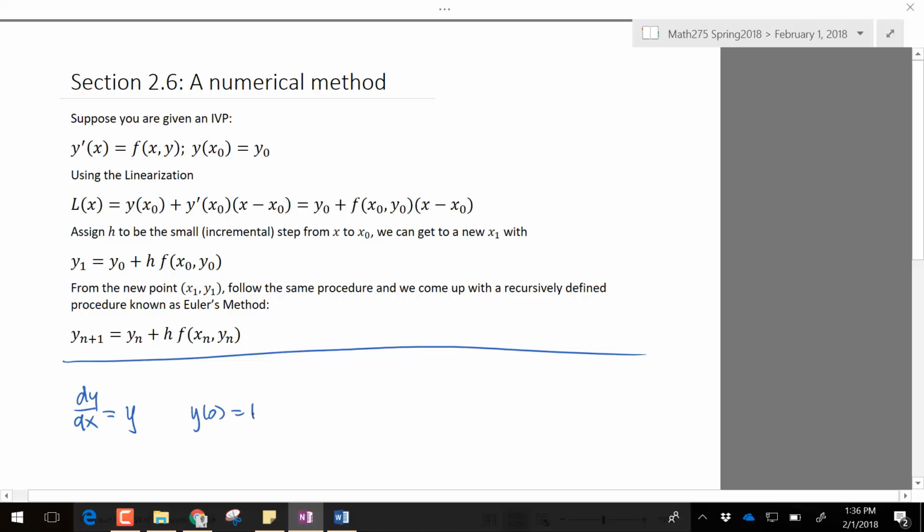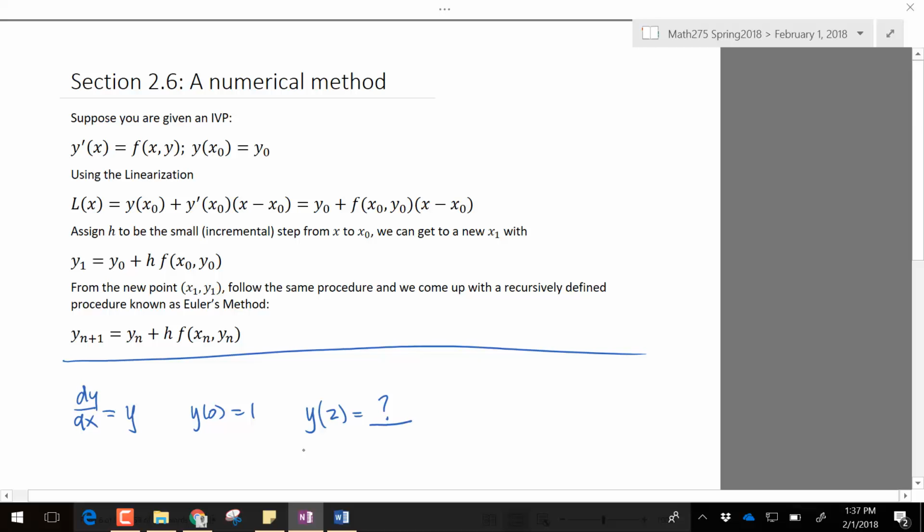Y of 0 is equal to 1. And then we want to know, usually something close to 0. I mean, 2 is not really that close, but a problem like this would limit you to just be able to approximate what the solution of that function is, evaluated at some point that's close to the initial value.